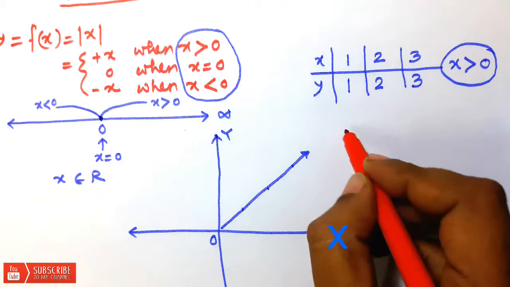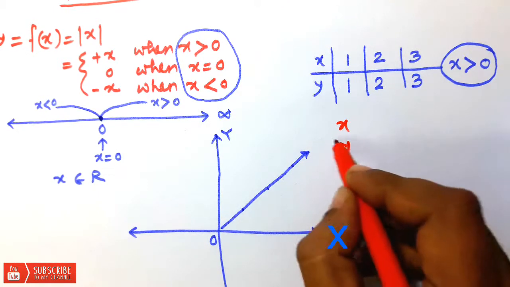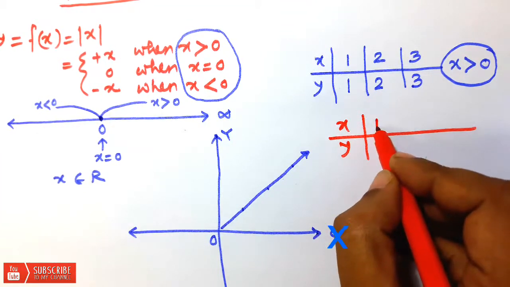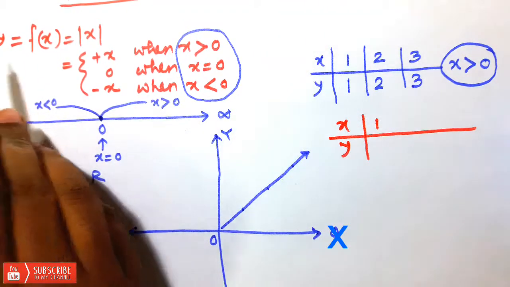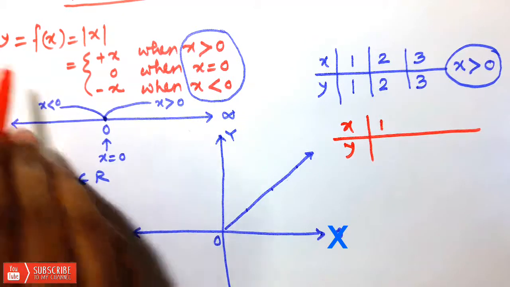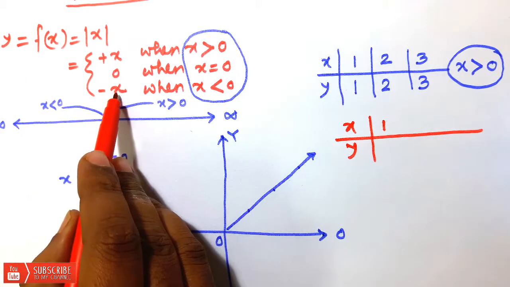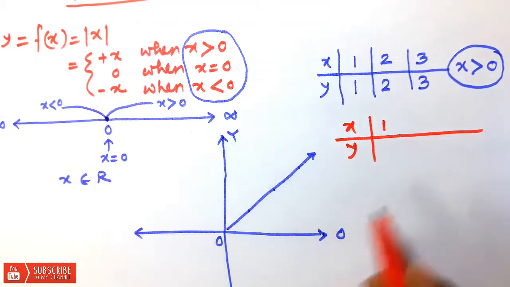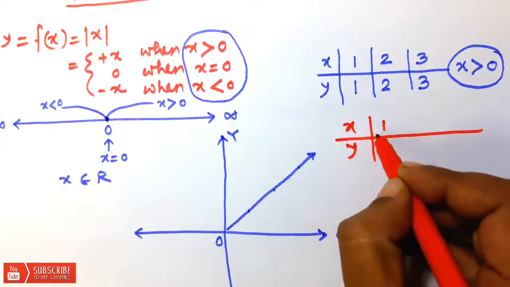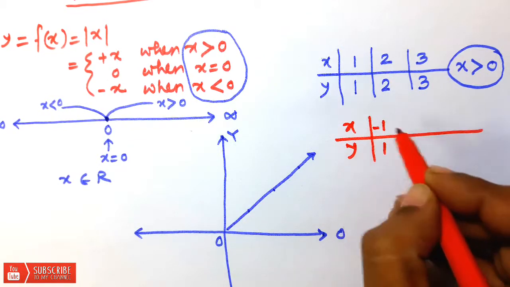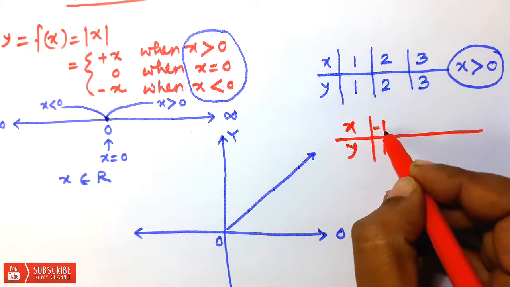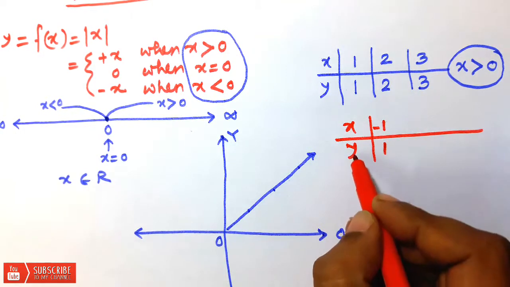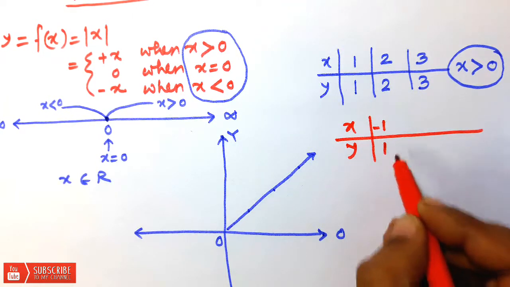Now we shall take the other points for x less than 0. When x is equal to minus 1, y is equal to minus x, so y will be minus of minus 1, that is plus 1. So for x is equal to minus 1, we get y is equal to plus 1.